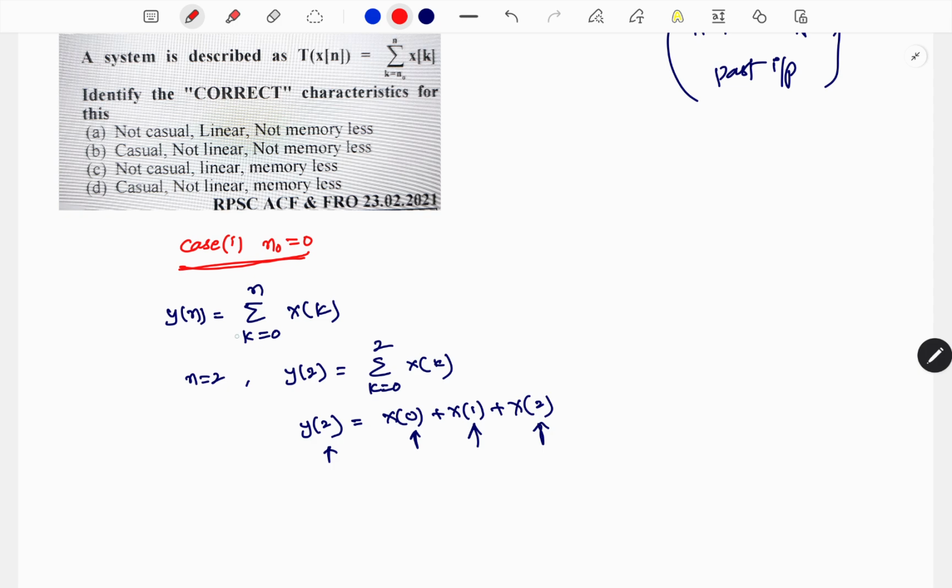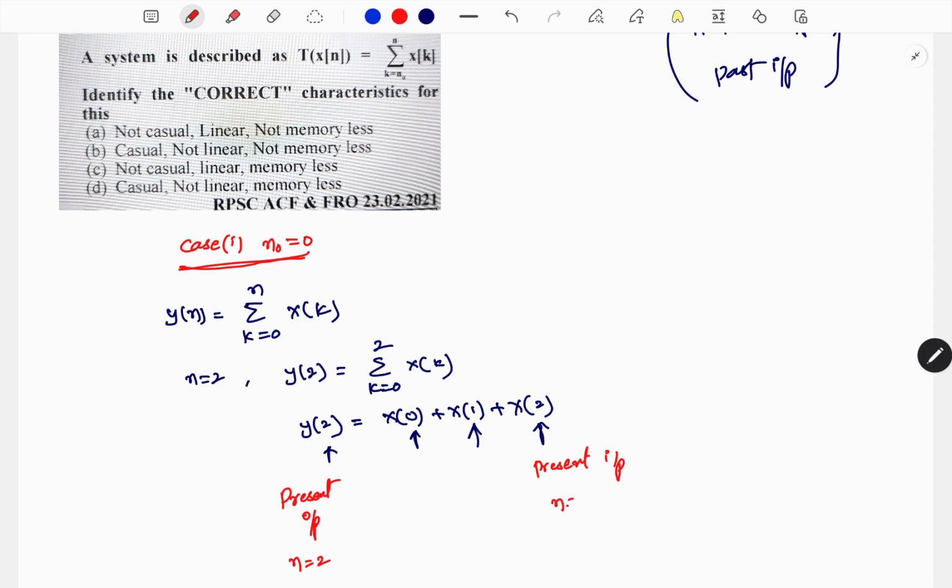For n0 is equal to 0, summation k is equal to 0 to n. For n is equal to 2, we are taking the output at n is equal to 2, the present output. This is the present input at n is equal to 2.